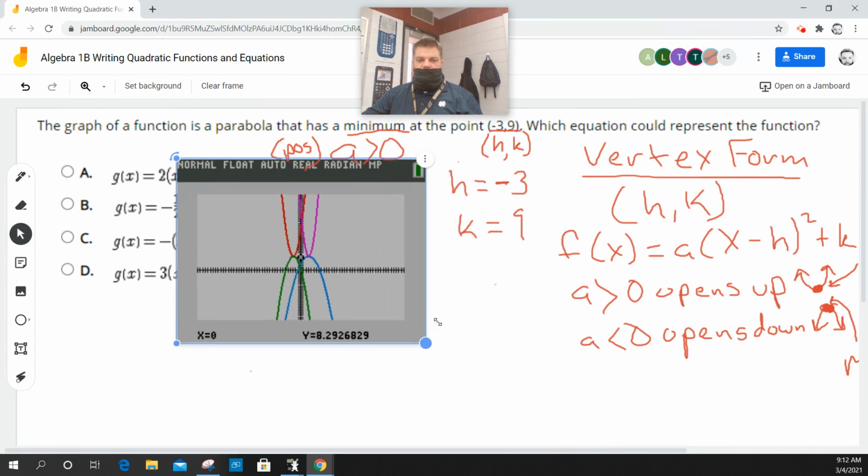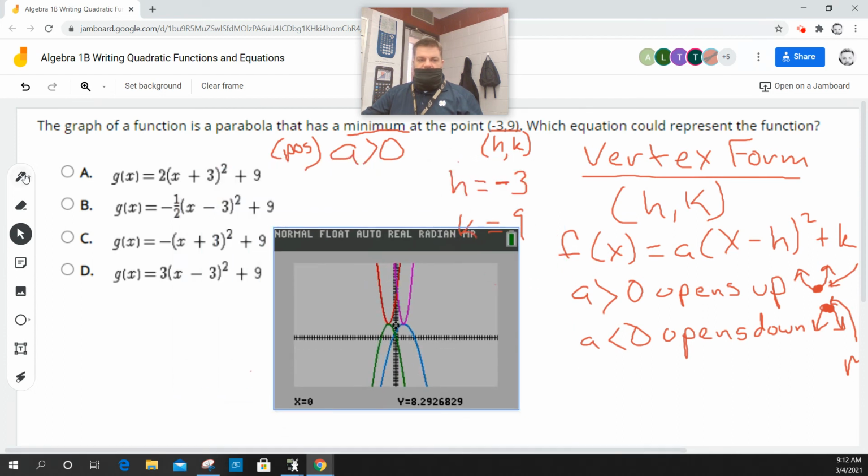They don't have a minimum. So it's not the blue one. It's not the green one. They have maximums. And it's not the purple one because that one looks like it's at 3 comma negative 9. I think the red one is the one.